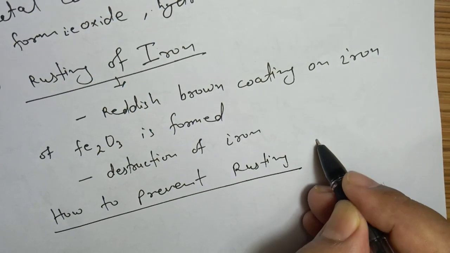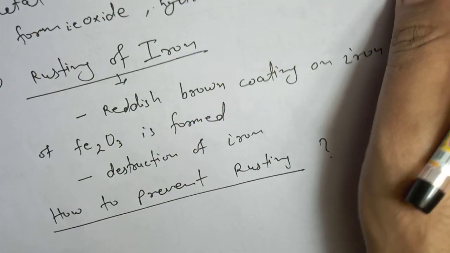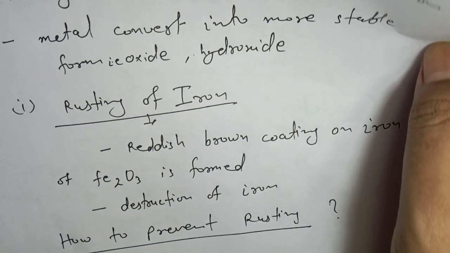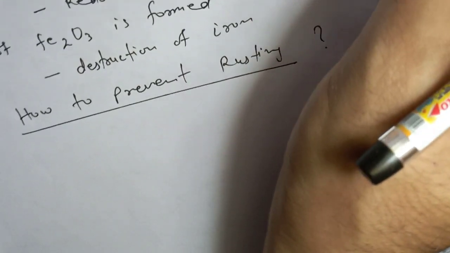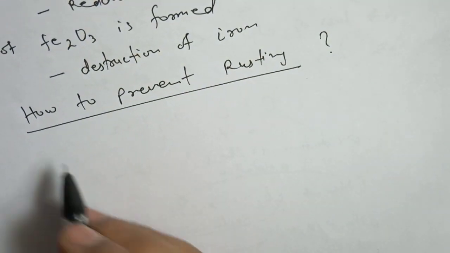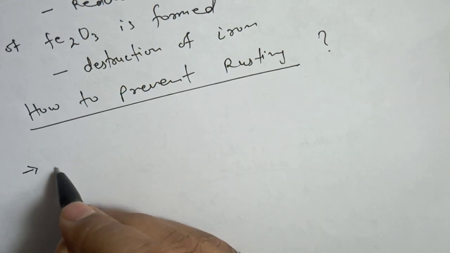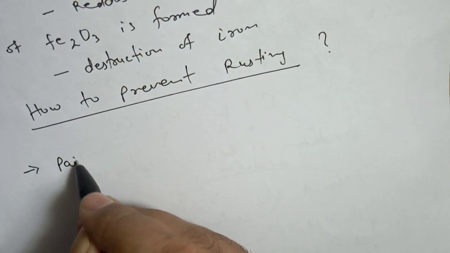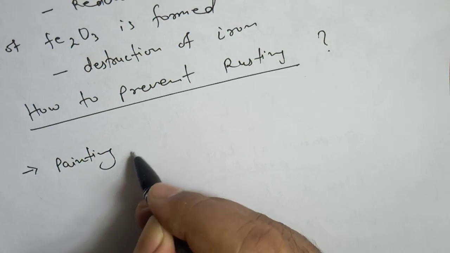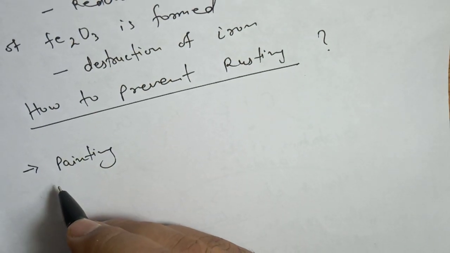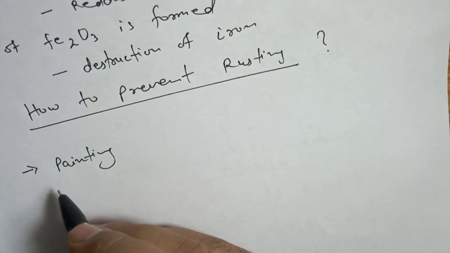Now there are several processes to prevent it. The first one, that we normally use, is painting. So what's that?